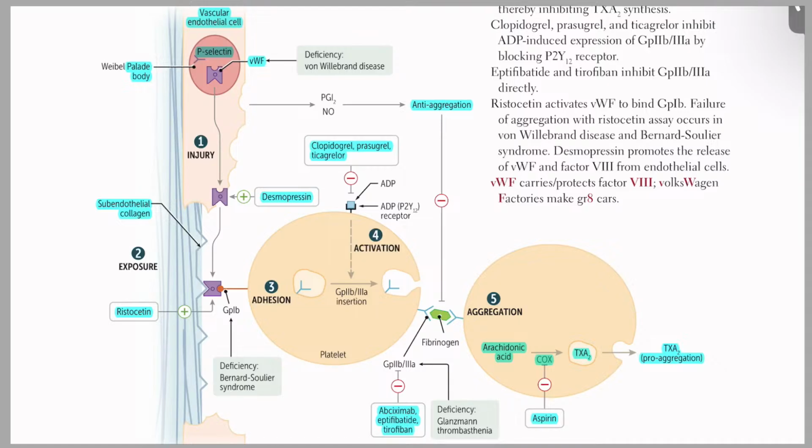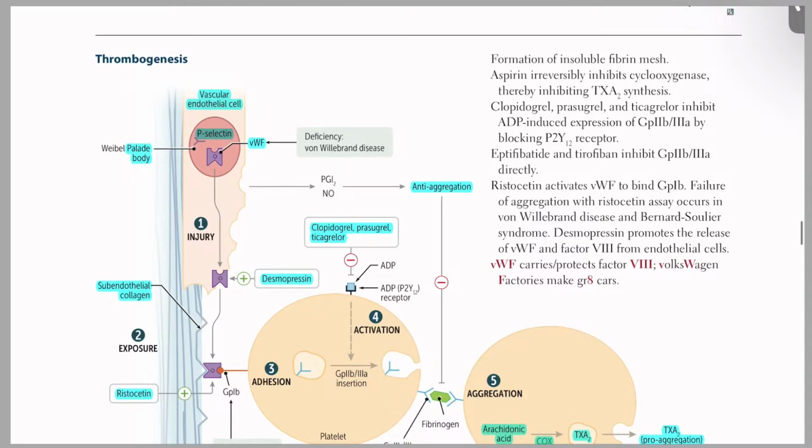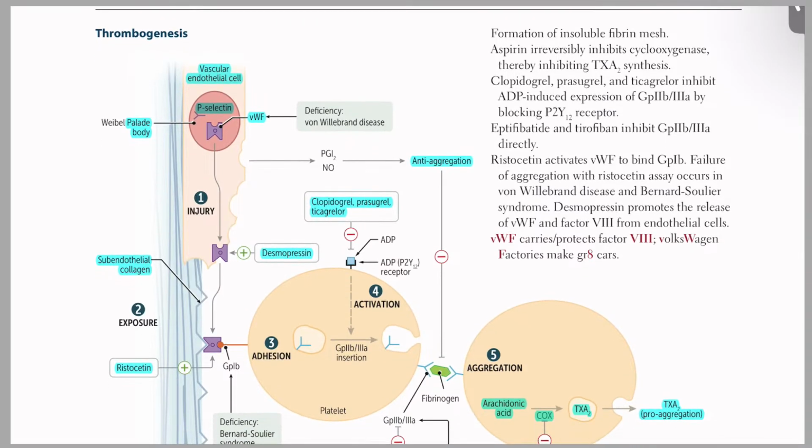Desmopressin, ristocetin. Okay, clopidogrel, prasugrel, ticagrelor inhibit ADP-P2Y12 receptor, which leads to activation of it, and these drugs can inhibit that pathway.